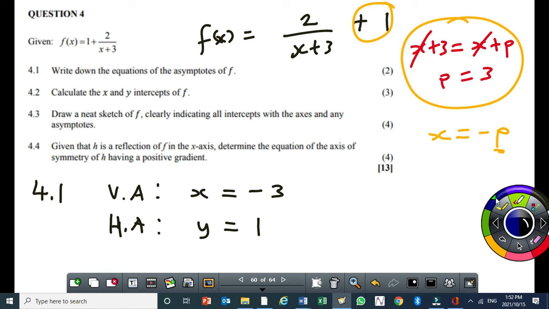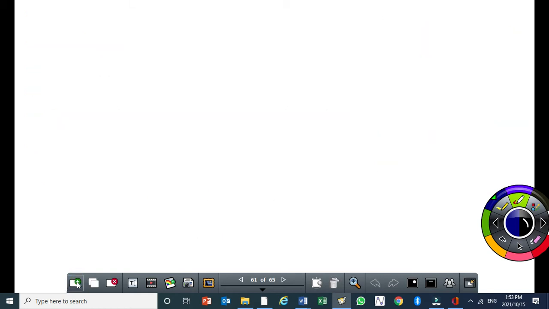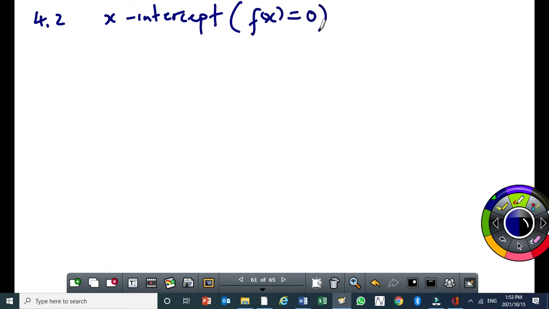Like 4.2, calculate the x and y intercepts. Now, if I want to calculate my x-intercept, by now we should know that I have to substitute, in this case, f of x equal to 0.